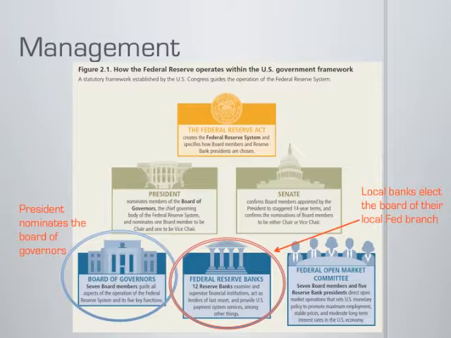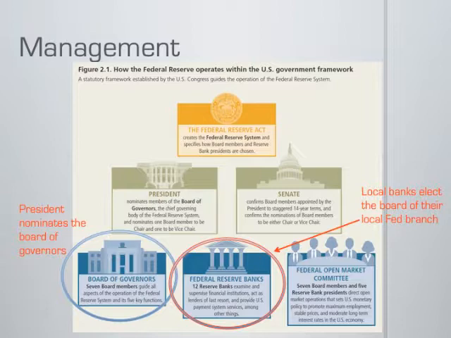So the 12 Federal Reserve banks operate independently of the central Fed in Washington. And each of those Feds' local banks are members of their local Federal Reserve Bank. So if you're a bank in California, you're a member of the San Francisco Fed, and you get to elect members of the Board of Directors of that Federal Reserve Bank in San Francisco, or the Federal Reserve Bank in Chicago, or Dallas or Kansas City, or wherever the district your particular bank is located in.